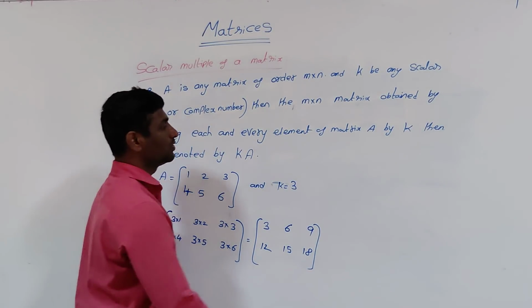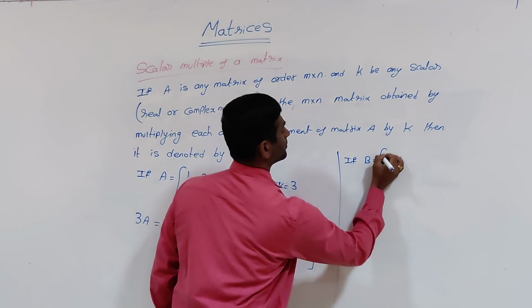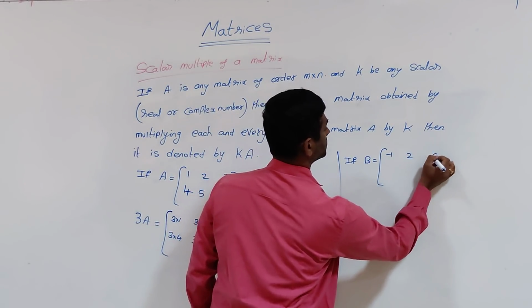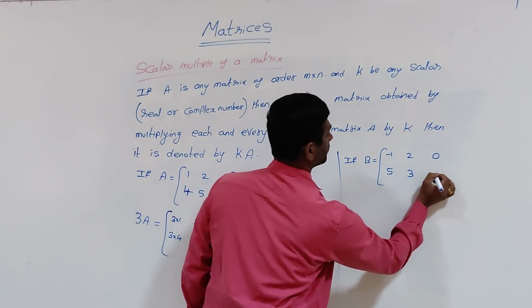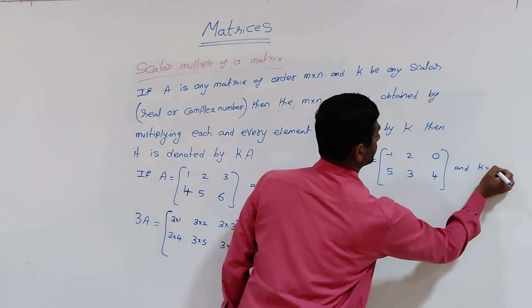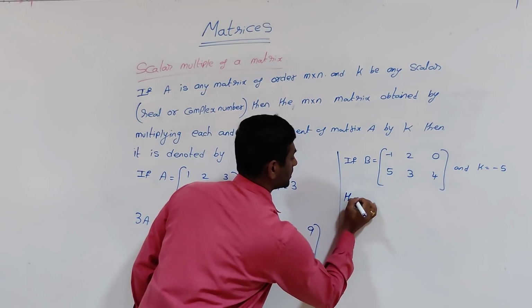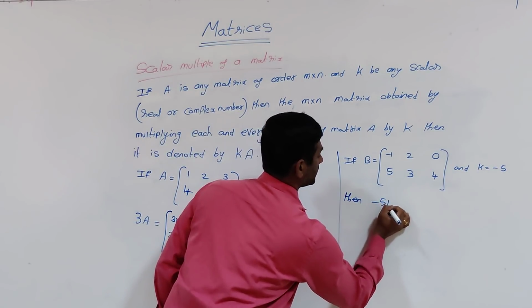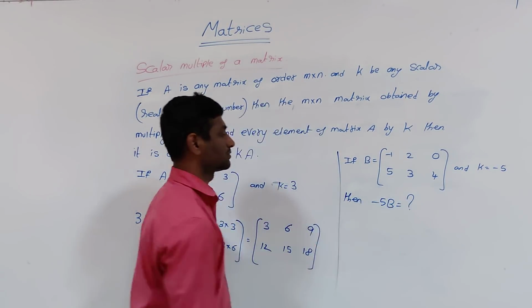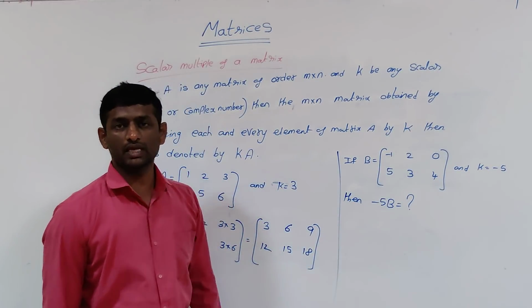Now we will see one more example. If B is equal to -1, 2, 0, 5, 3, 4, and K is equal to minus 5, then what is minus 5B? So B is a matrix and minus 5 is a scalar.